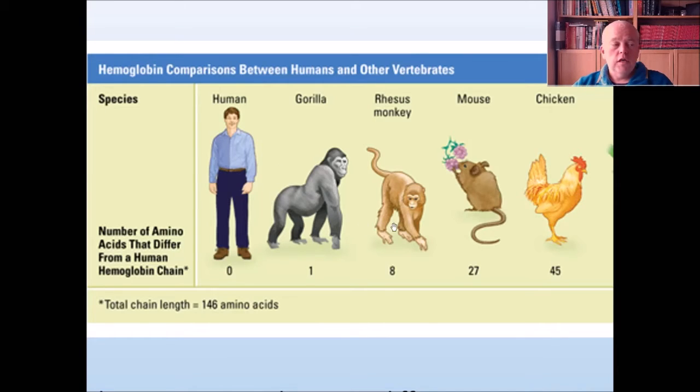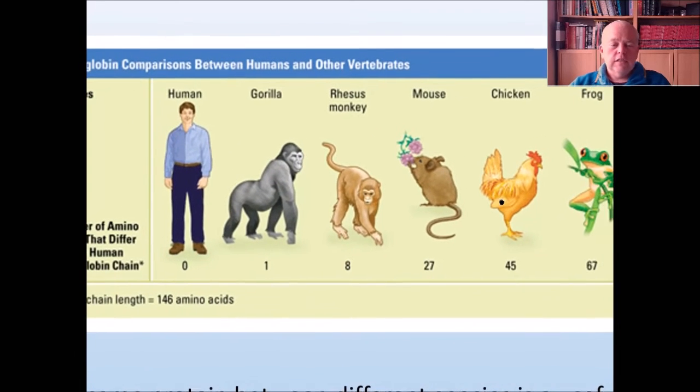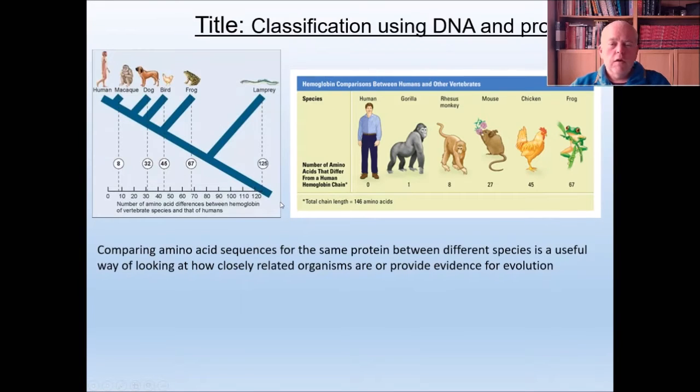The rhesus monkey, similar to the macaque from earlier, a difference of 8. The mouse hemoglobin compared to humans has 27 differences. There's that chicken again, there's the frog again. And so you can see there are some differences between the amino acid sequences in different organisms. So it's a useful way of looking at classification by specifically looking at the sequences of amino acids in a given protein.